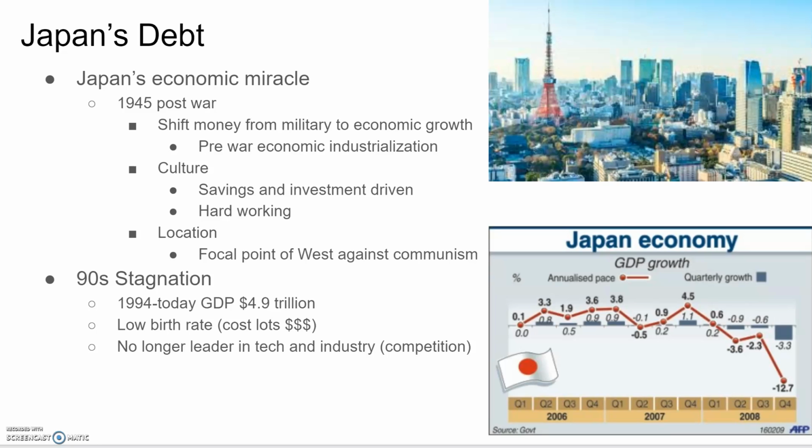That really takes a toll on the economy. The low birth rate in Japan also costs more money, because that creates expenses that the Japanese have to take on. And they are no longer really a leader in technology and industry like they were before.